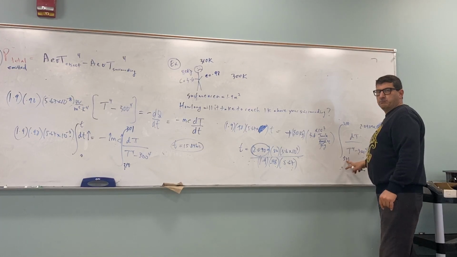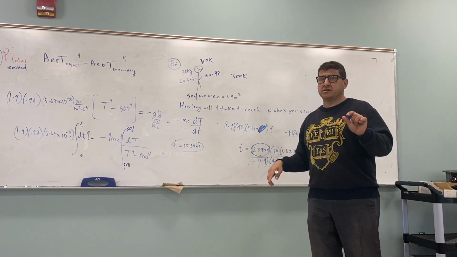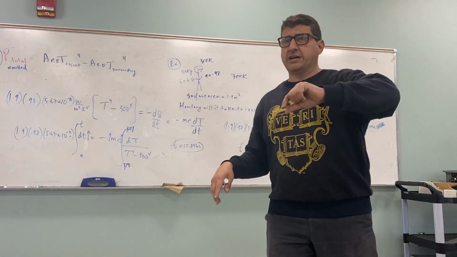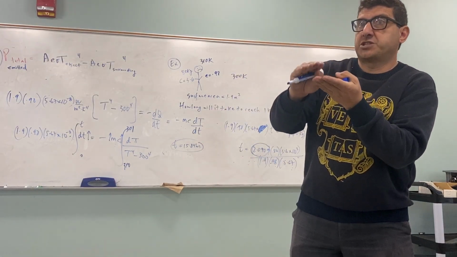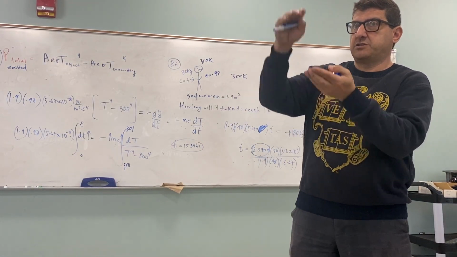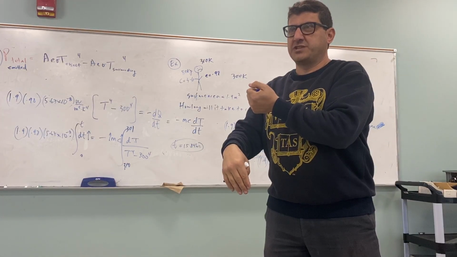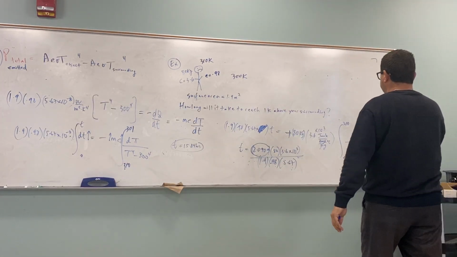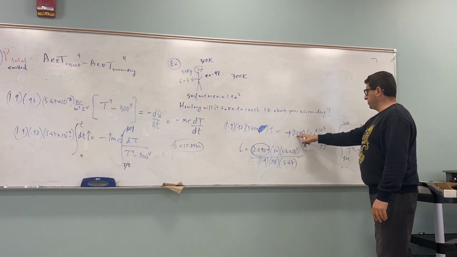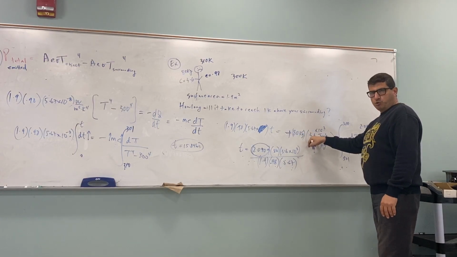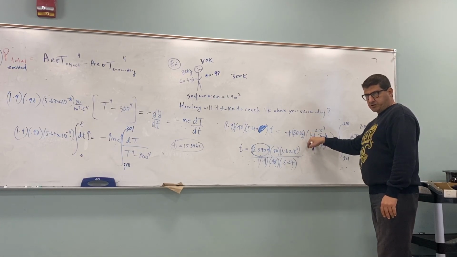Most of the time it takes you to cool down is when you're starting to get close to the atmospheric temperature. The first couple degrees, you drop down very quickly. The other thing it depends on is your mass. The heavier you are, the more specific heat, the longer it takes.